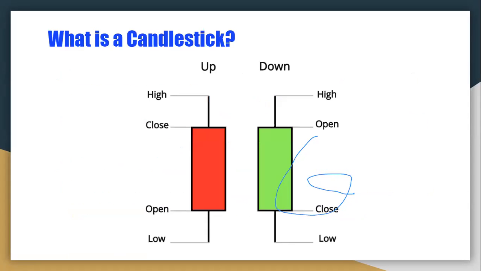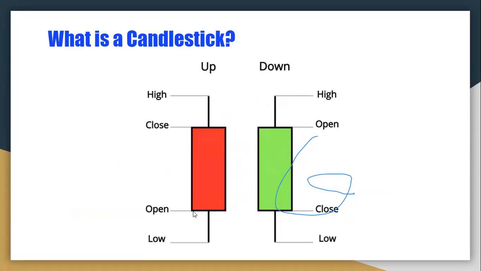Before we start the candlestick patterns, let us first look at what a candlestick is. A candlestick is a particular chart type where you find these types of drawings. There are two types of basic candles: a red candle or a green candle.